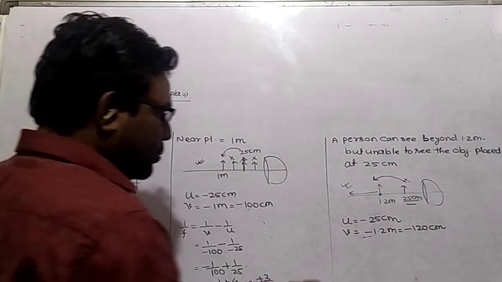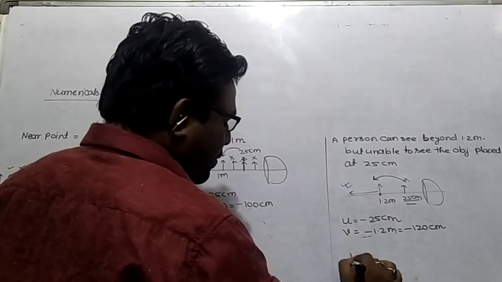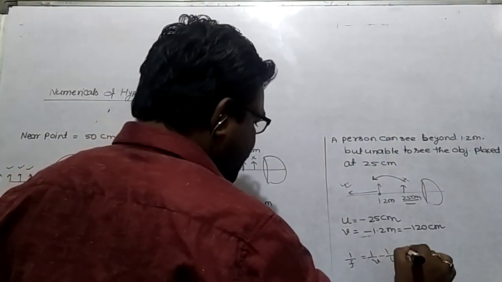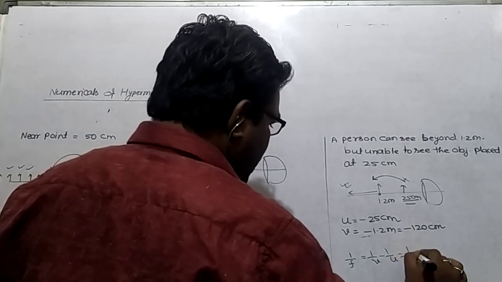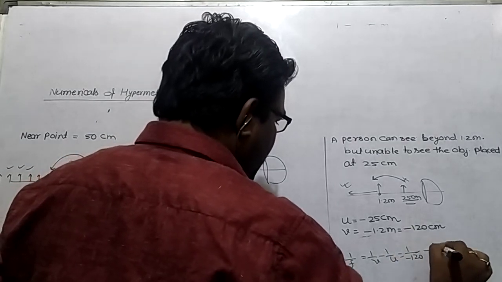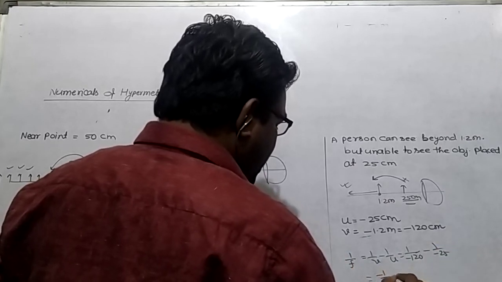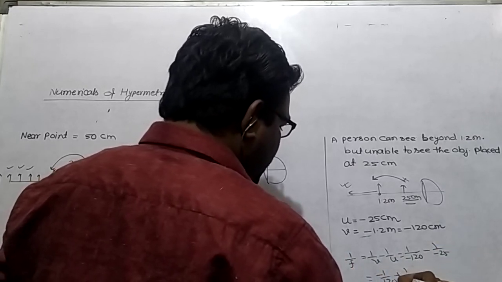Now the next. 1 upon f is equal to 1 upon v minus 1 upon u. 1 upon v is minus 120, u is minus 25. So minus 1 upon 120, plus 1 upon 25.